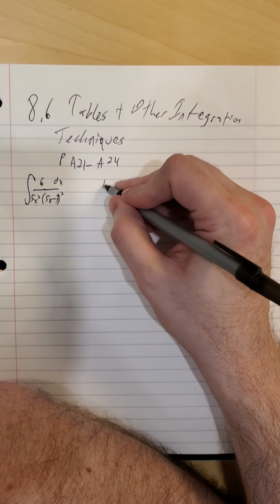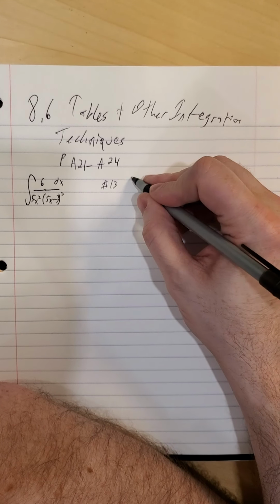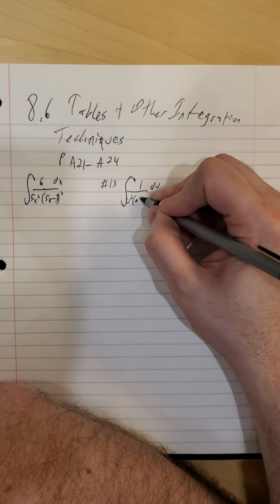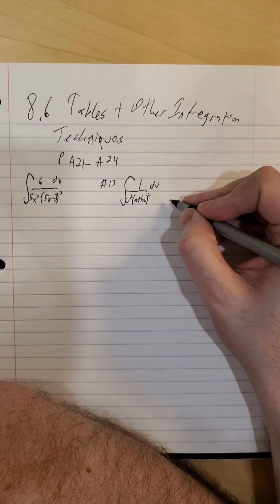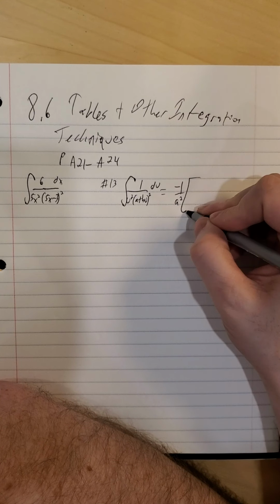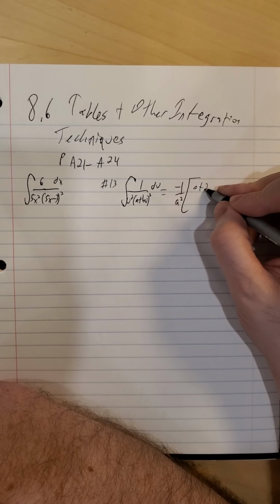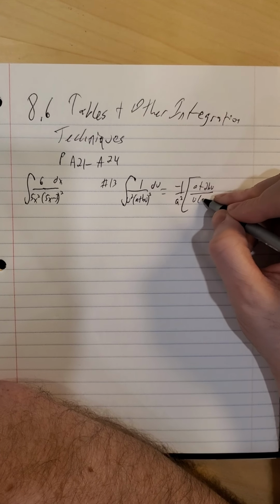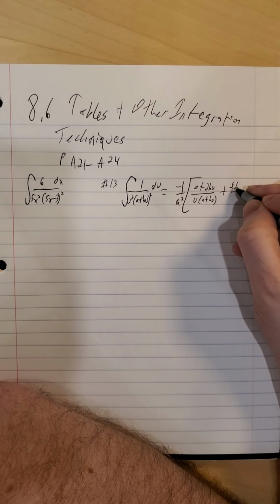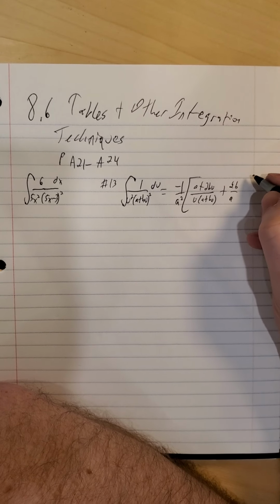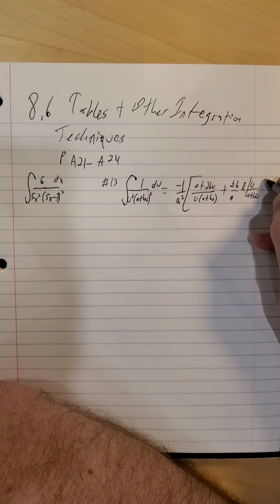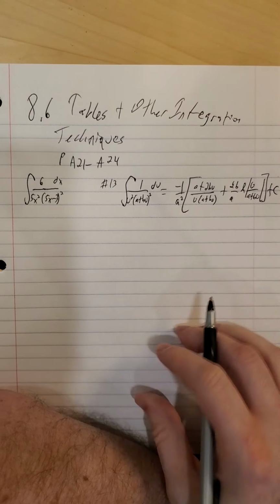So this one is closest to number 13, which says that the integral of 1 du over u squared times (a plus bu) squared ends up as negative 1 over a squared times (a plus 2bu) over u times (a plus bu), plus 2b over a times natural log of u over (a plus bu), and all that fun stuff plus c on the end there.